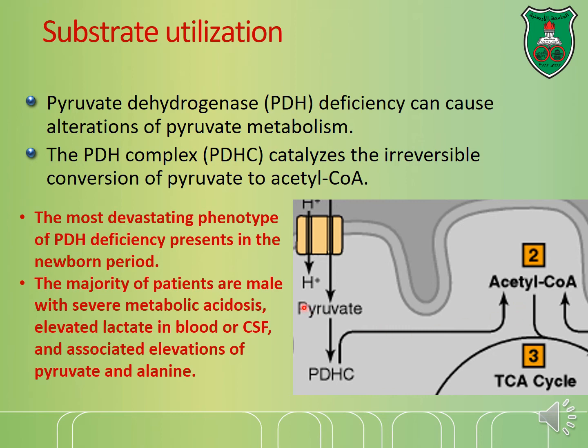The thing is, pyruvate would accumulate. Instead of being converted to acetyl coenzyme A, pyruvate would be converted to lactate, and that would cause metabolic acidosis. There would be elevated lactate in blood as well as cerebrospinal fluid, as well as elevation of pyruvate and alanine in the system.